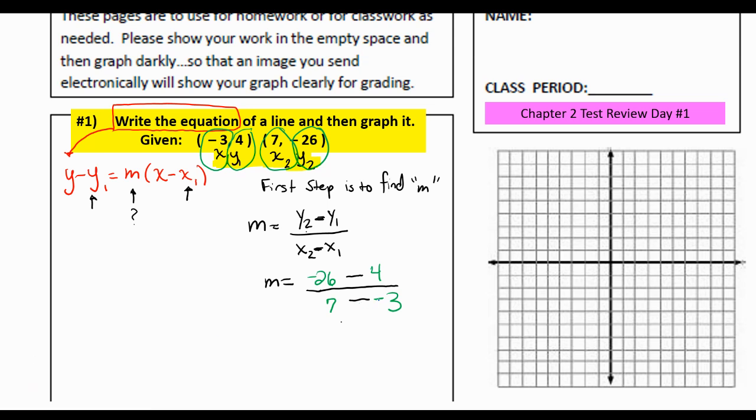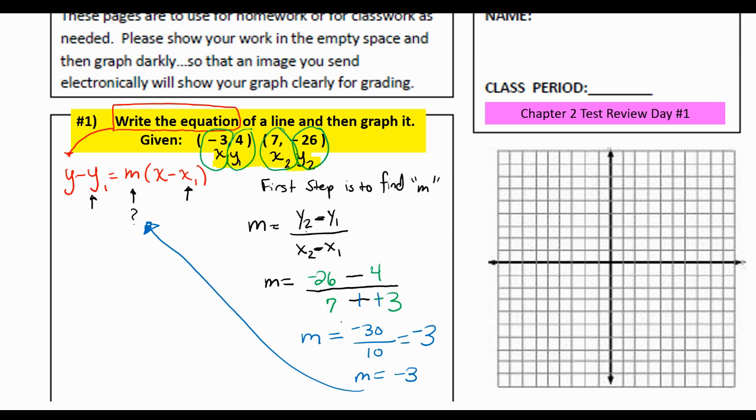Anytime you have a minus minus next to each other, you must change it to plus plus. So if we finish this problem, -26 minus 4 is -30 on the top, and 7 plus 3 is a 10 on the bottom, and that reduces to -3. So our slope that we can use for our formula right there will be -3.